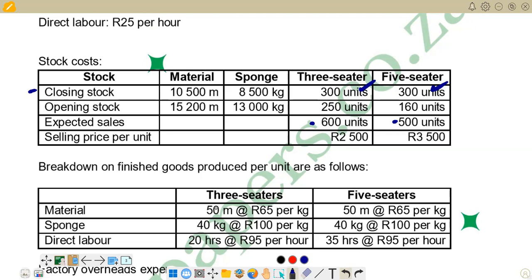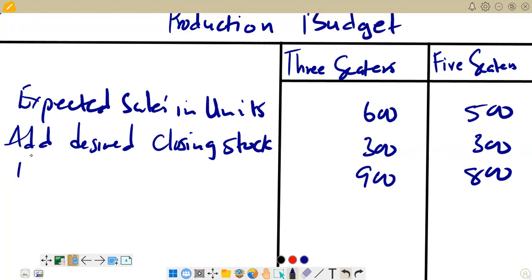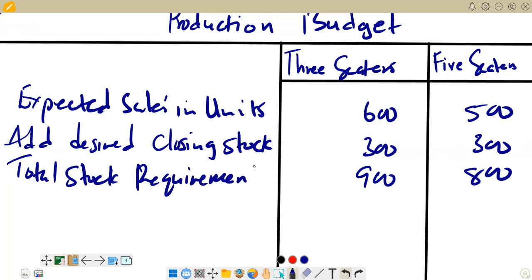The same number, so we can add 300. Then we add to get our total. 600 plus 300, here we get 900. 500 plus 300, here we get 800. And the description of these figures is total stock requirements.